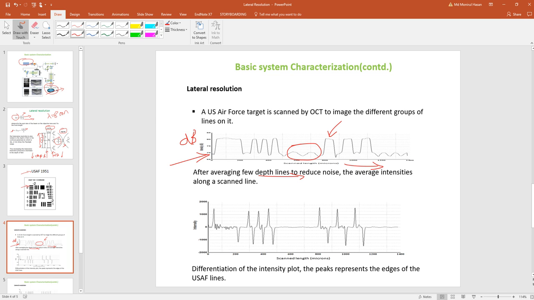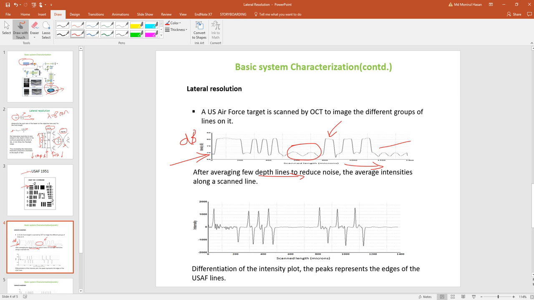In the next step, we have to subtract one point from another.